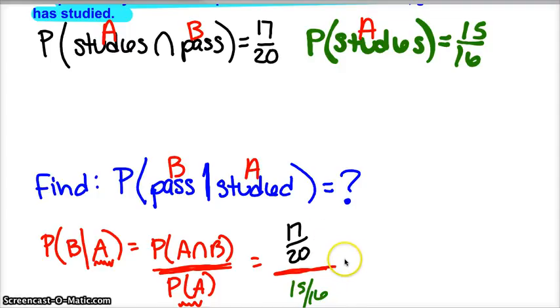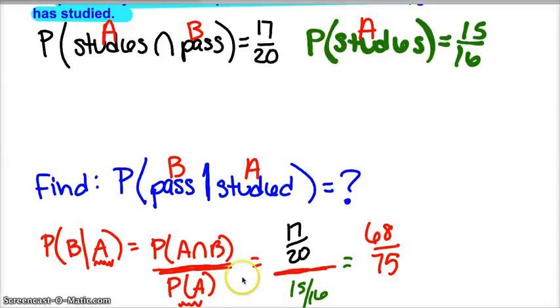Grab your calculator and divide these. So on the calculator, 17 divided by 20 divided by 15 over 16, I ended up with a fraction of 68 over 75.